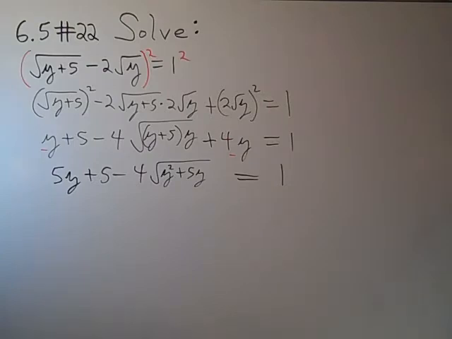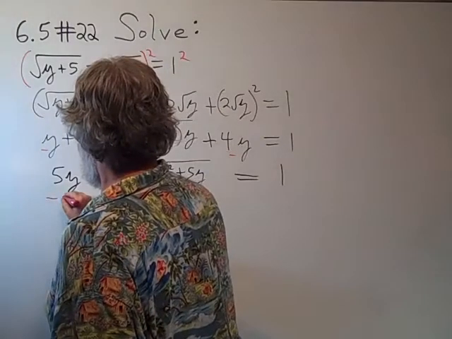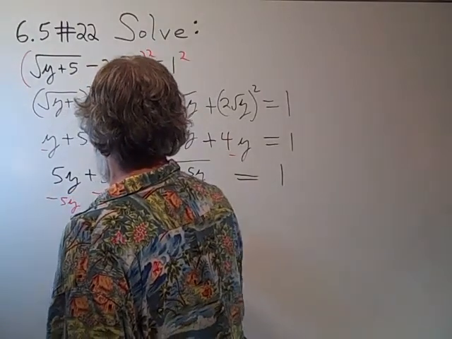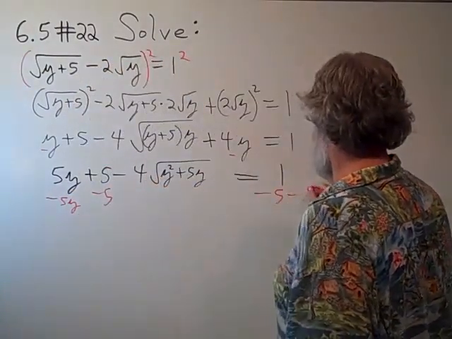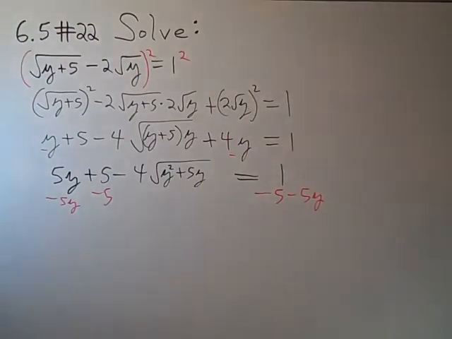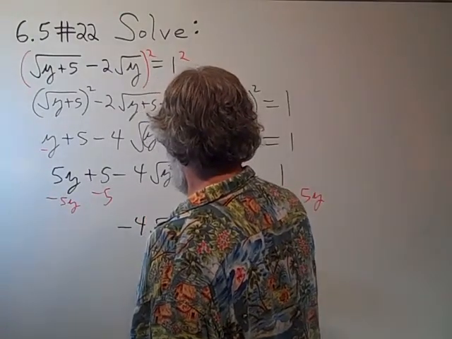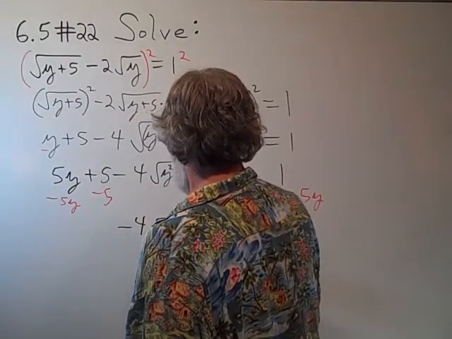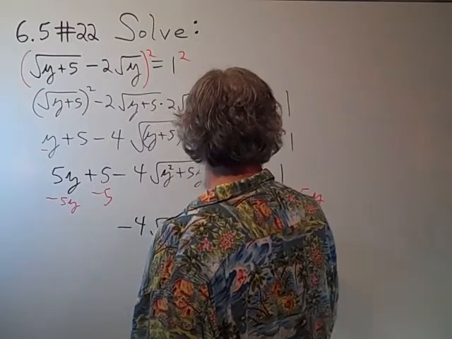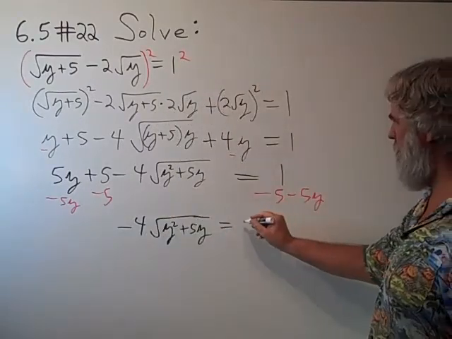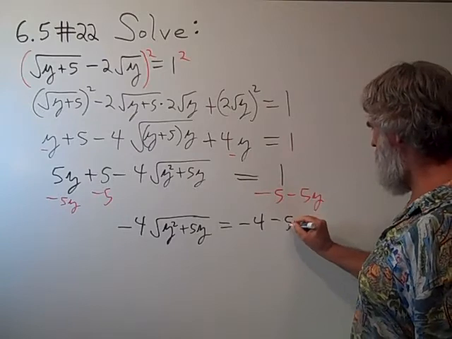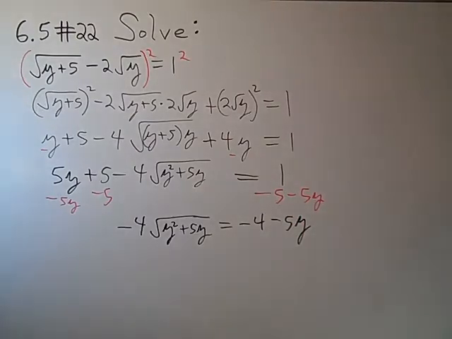And if I subtract 5y and 5 from both sides, we get negative 4 times the square root of y squared plus 5y is equal to 1 minus 5, which is negative 4, negative 5y.